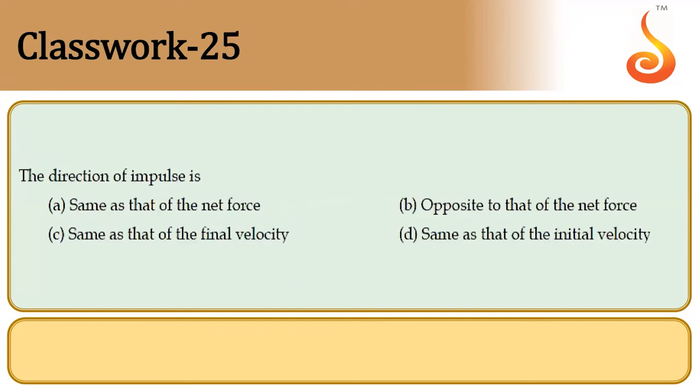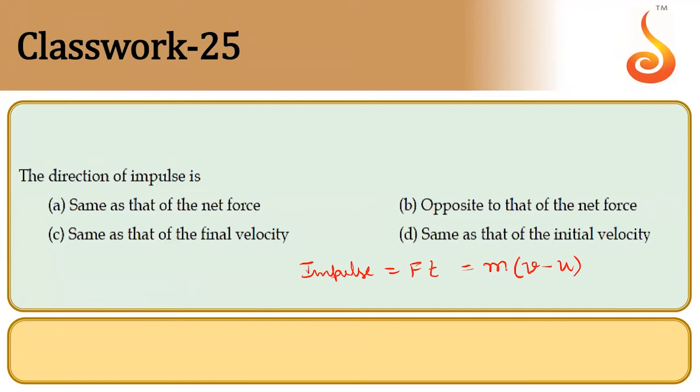The direction of impulse is same as that of net force, opposite to that of net force, same as that of initial velocity, or opposite to initial velocity. See, impulse is what? Force into time. That is nothing but m into (v minus u), the change in momentum.